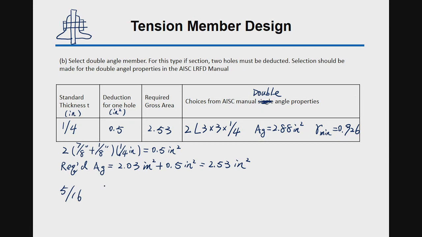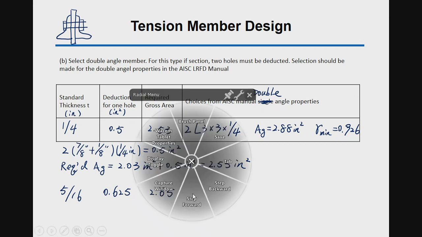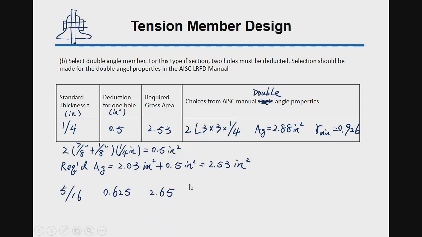You'll find the deduction for the one hole is going to be 0.6025, and the required cross section is 2.655, and we can choose a member from the menu, like 2L 2.5 inch by 2 by 5/16, right?